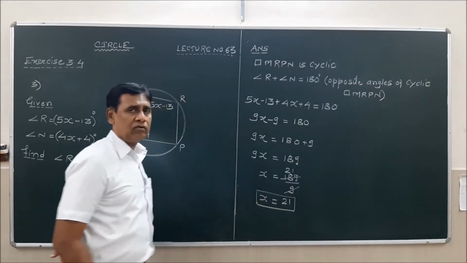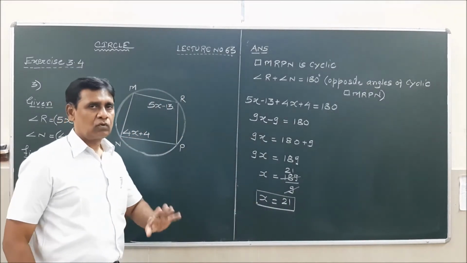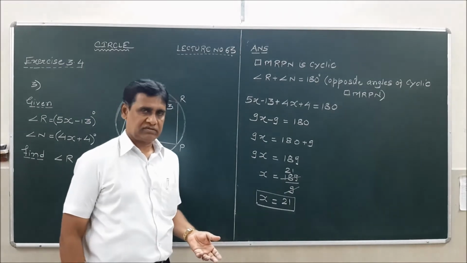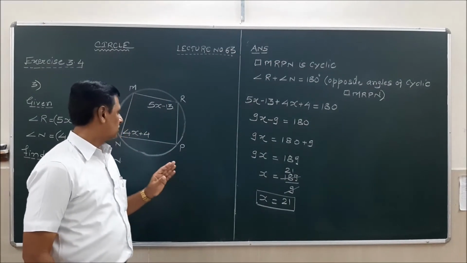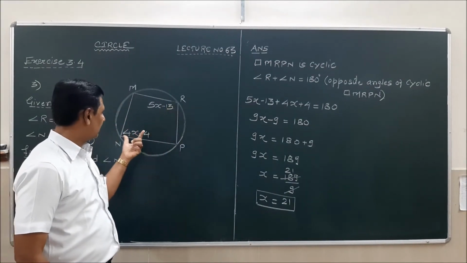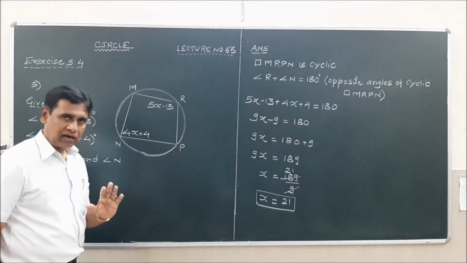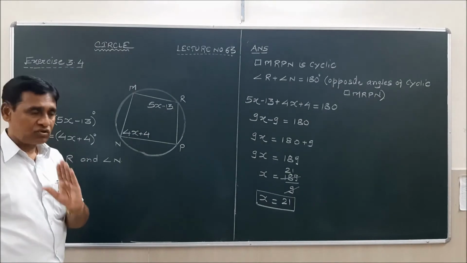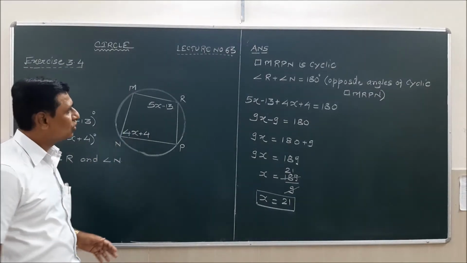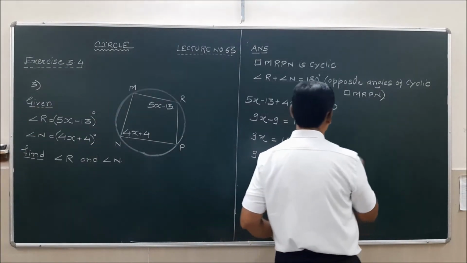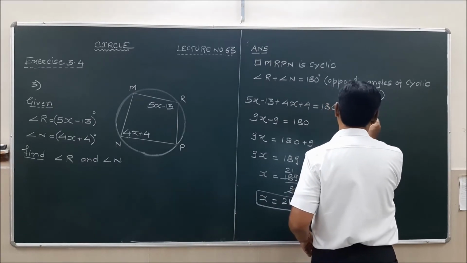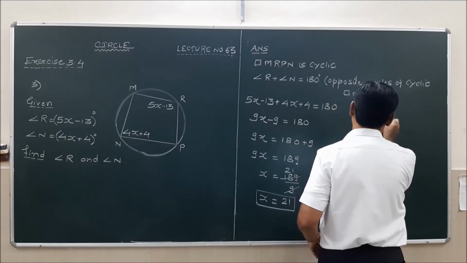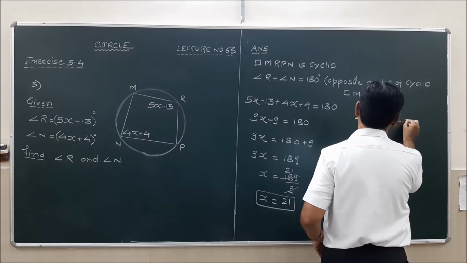Do we have to find the value of x? The question is not to find the value of x. The question is to find the value of angle R as well as N. But angle R and angle N are given in terms of variable x. So angle R is equal to 5x minus 13.